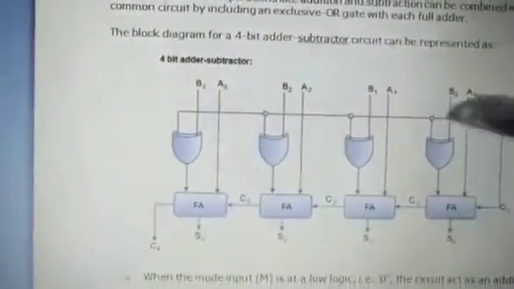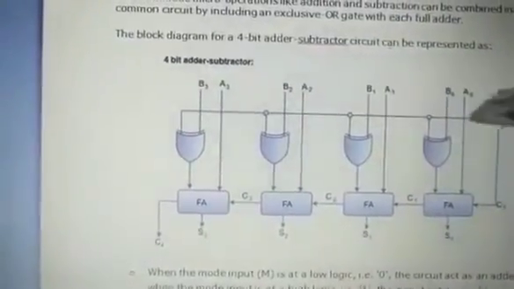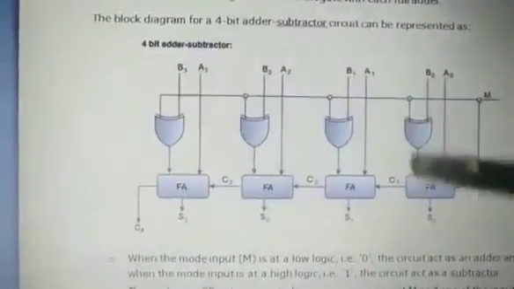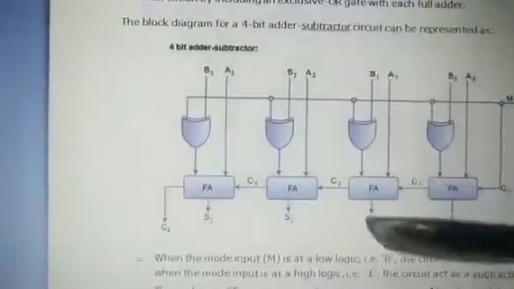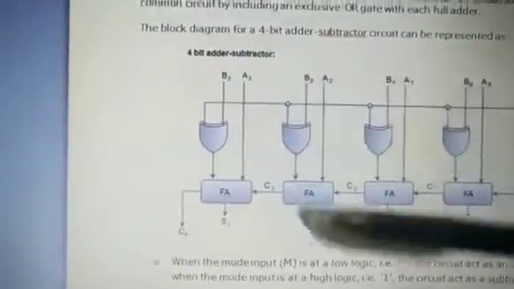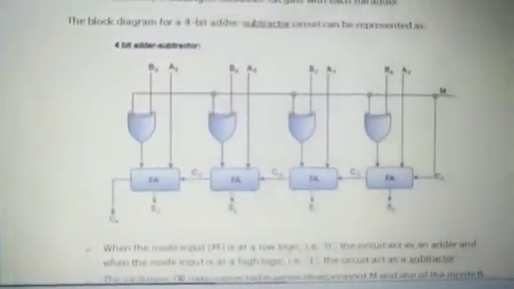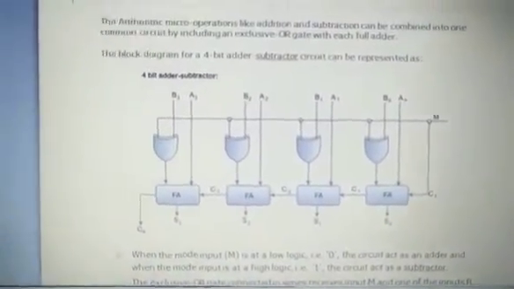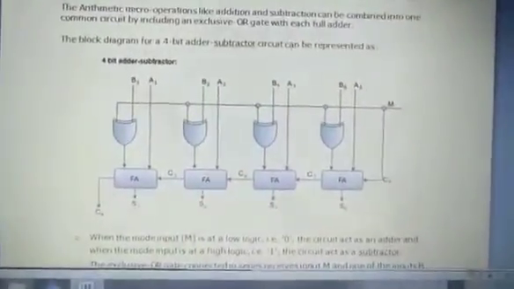S0 is the addition sum for the first bit, S1 is the addition result for the second bit, S2 is the third result, and S3 is the fourth one. In this way we get the sum output, and C4, or you can say C out, is the final carry output for this circuit.